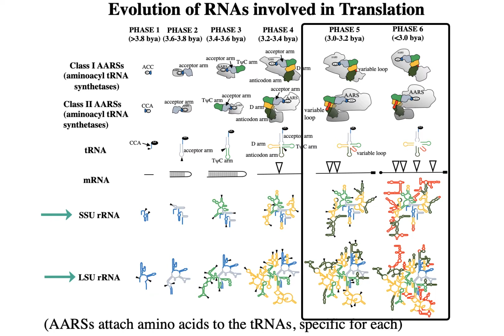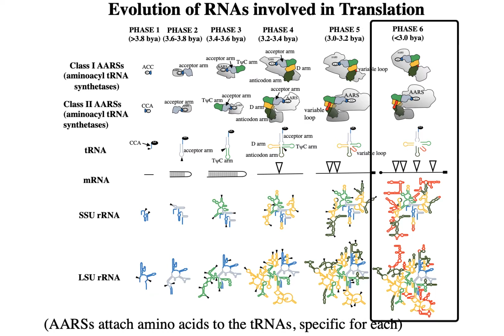They also associate with a larger number of proteins, which aids in the discrimination of when and where to translate particular mRNAs. The tRNAs, either at this point in phase 6 or before, are able to exchange pieces or arms with other tRNAs, so that increases the diversity of those tRNAs as well.